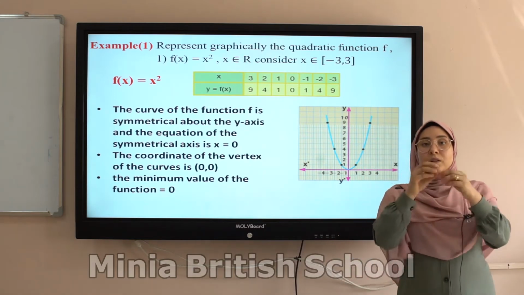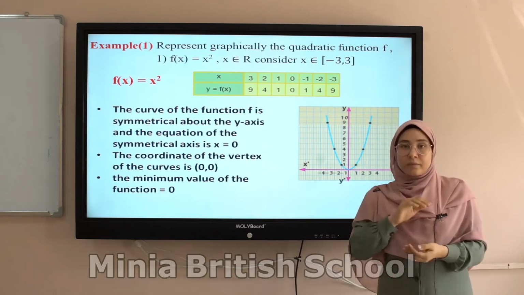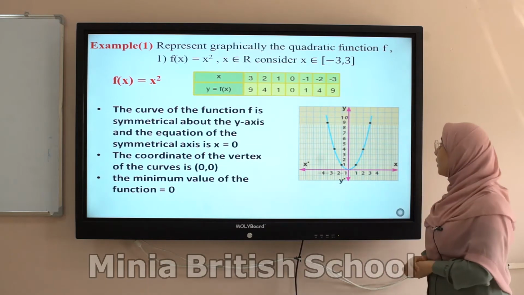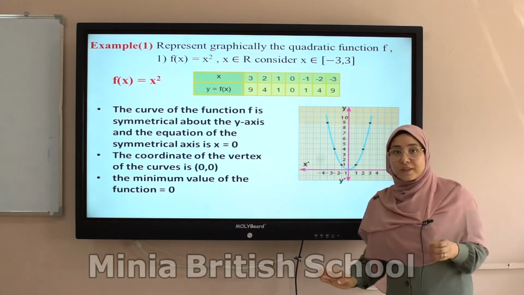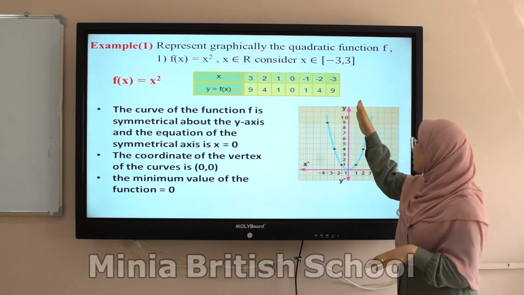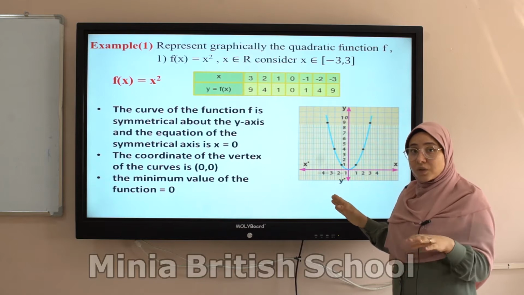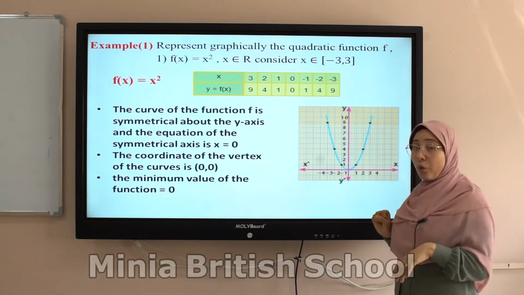Here, we know something from the curve. The y-axis is the line of symmetry of this curve.